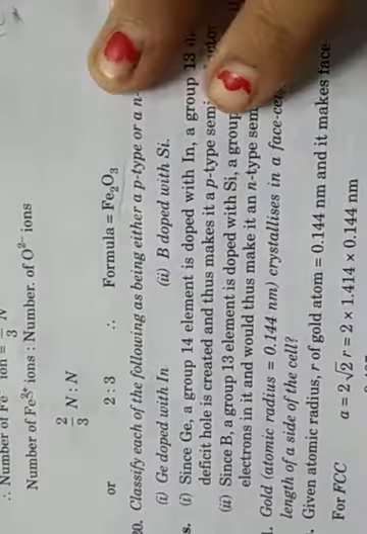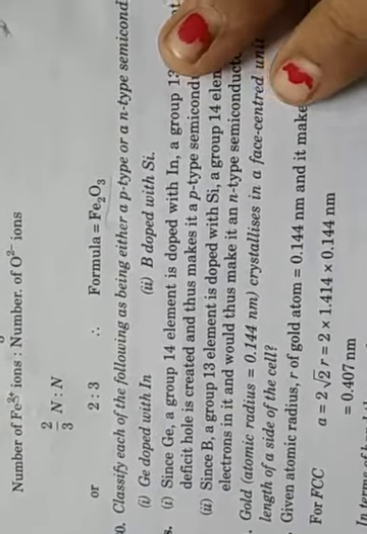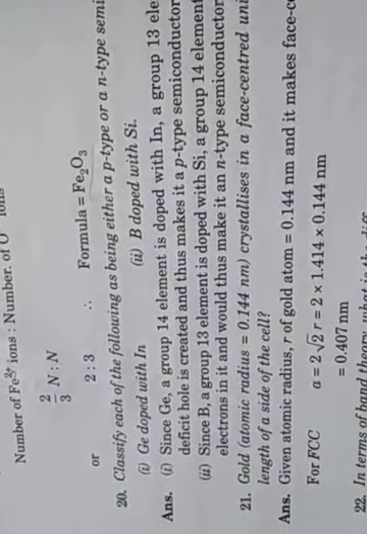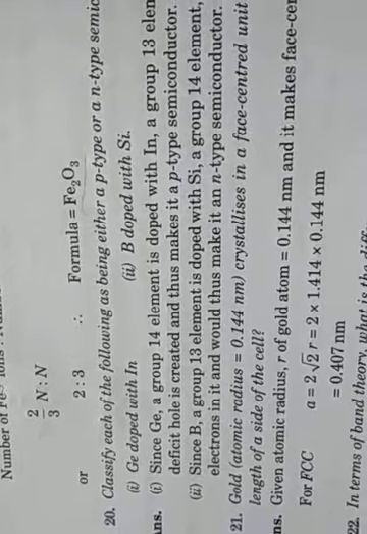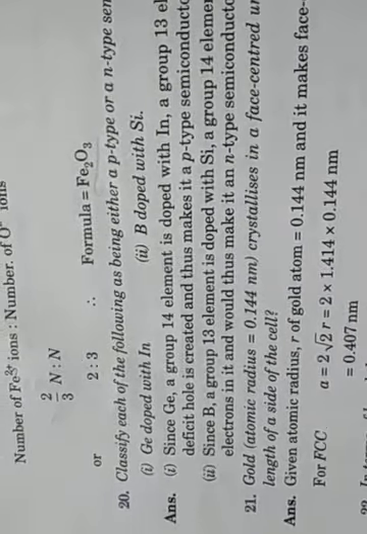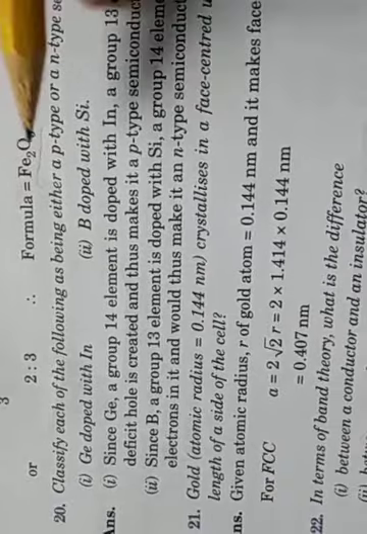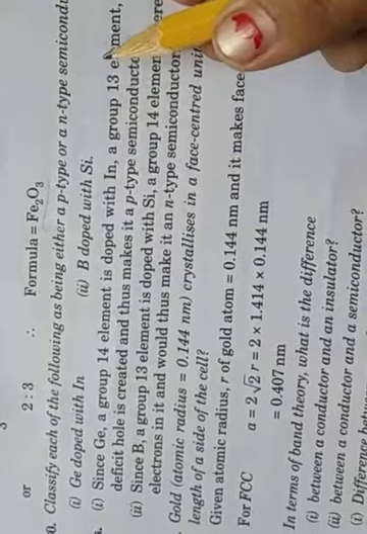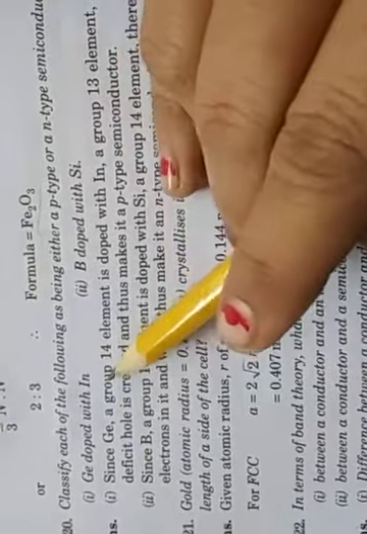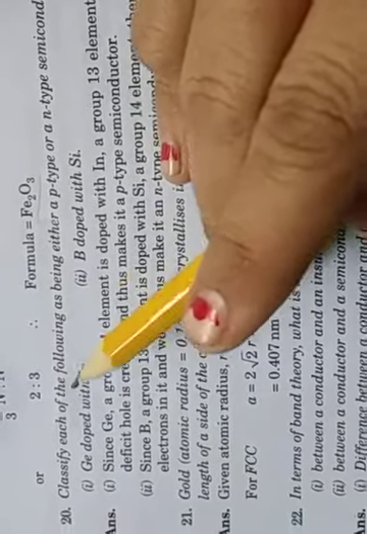Then question number 20, classify each of the following as being either a p-type or n-type semiconductor. So first is germanium doped with indium.